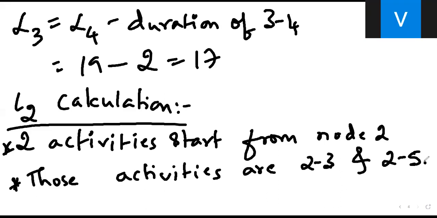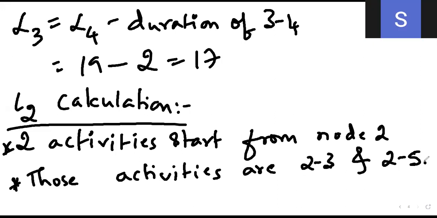7, sir. Okay. How 7? What are the two equations? One is L3 minus duration of 2 to 3, and another is L5 minus duration of 2 to 5. Correct.